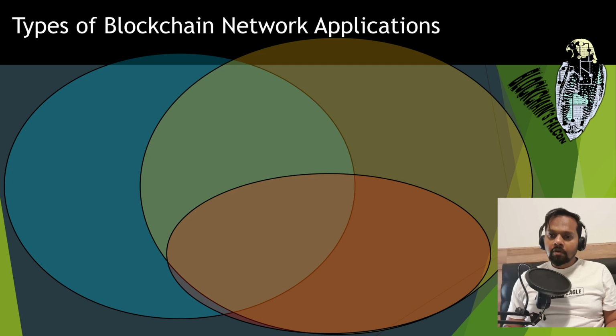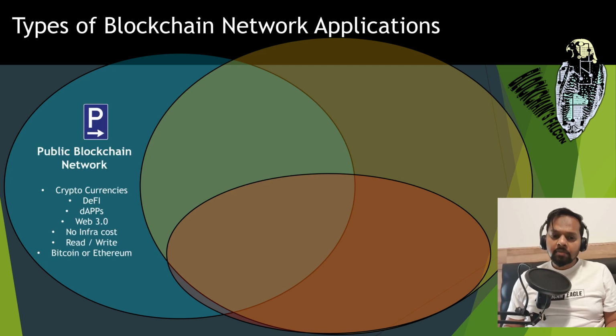Now the type of blockchain network application from the public perspective: you can see cryptocurrencies and DeFi applications. This is a 100% decentralized network. That's why I'm talking about Web 3.0, which means I'm talking about decentralized read and write access and so on.